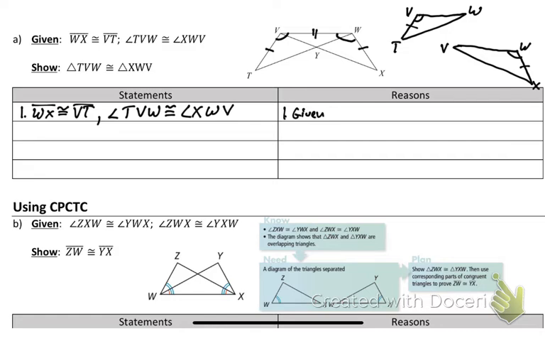So if I look at VW, if I draw this green one, it would cover that one. If I drew this one, it would cover that entire line as well. So I could put a mark on VW on both of these. I can come down here and say number 2, VW is congruent to VW, and that is our reflexive property.